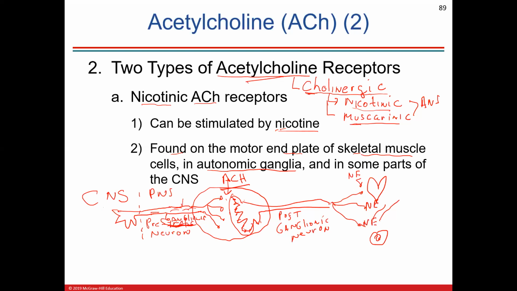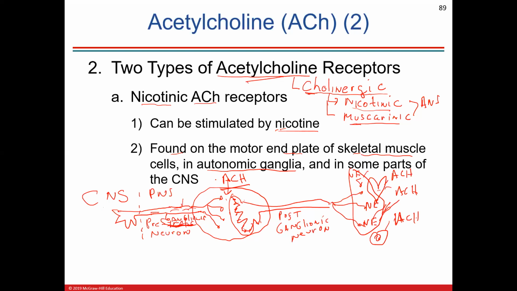If it was parasympathetic, it would be acetylcholine going to these effectors, mostly the heart and the glands and the blood vessels as well. So acetylcholine is released to the effector in the parasympathetic nervous system, where norepinephrine is released to the effector in the sympathetic nervous system.